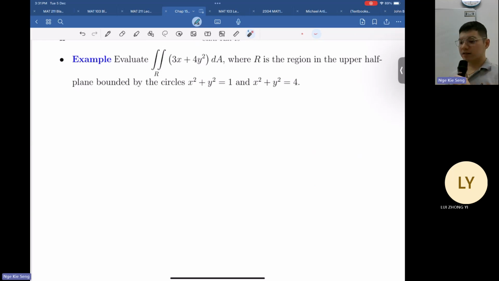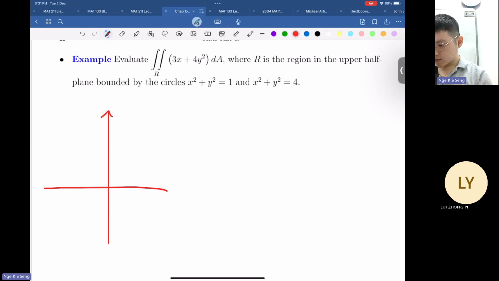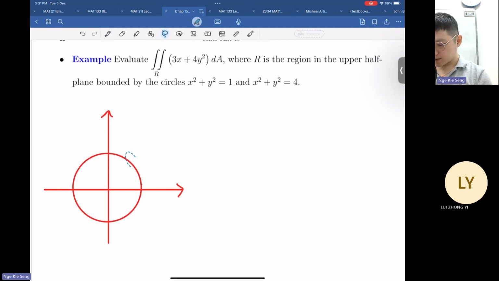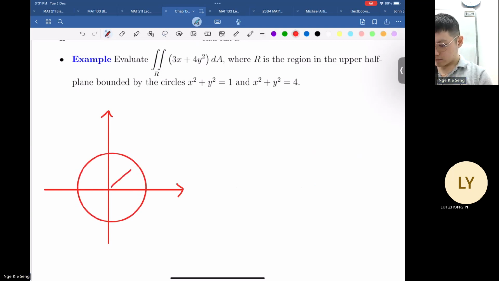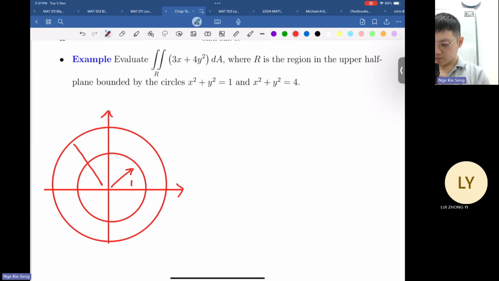So we try to draw this region out. First of all, you have a circle with radius 1, centered at the origin. Then you have another circle with radius 2.